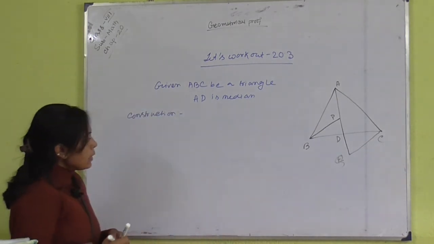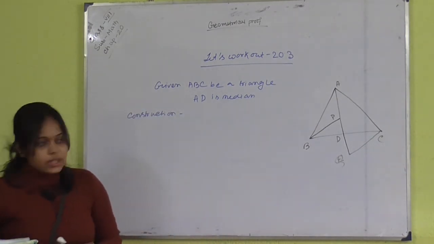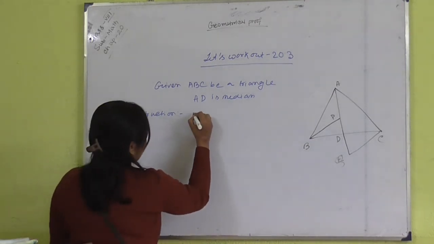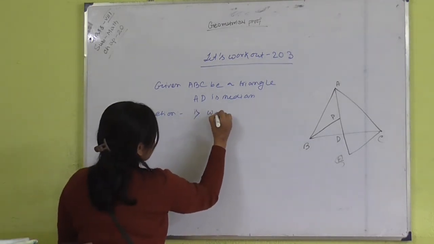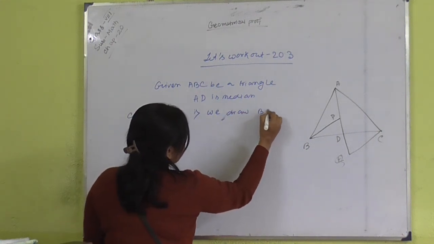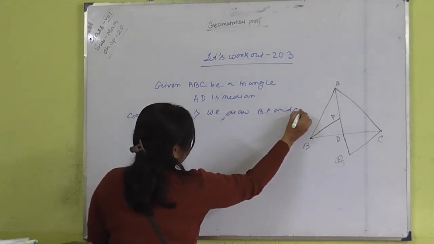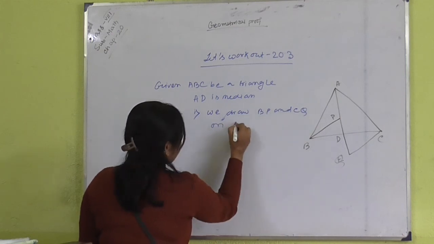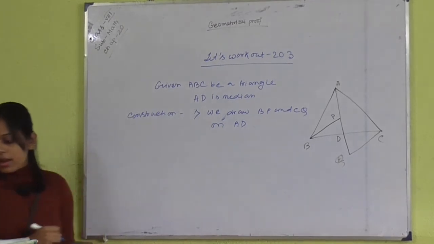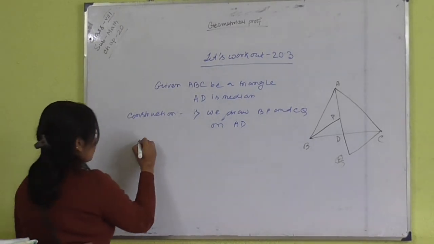Then BP and QC are the smallest lines on AD. At first we draw BP and CQ on AD. Now what is required to prove is that BP and CQ are equal.